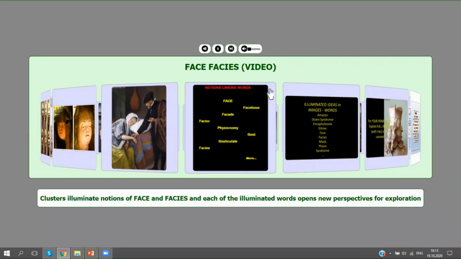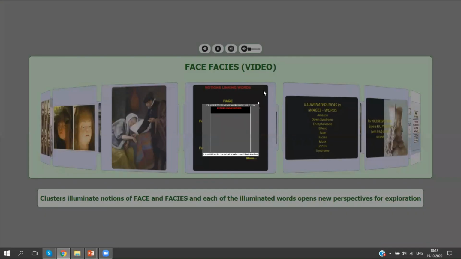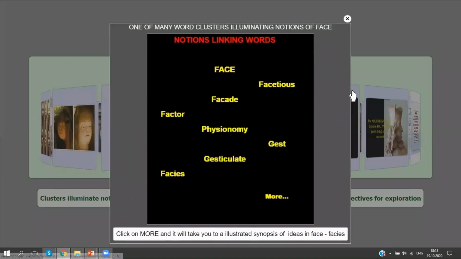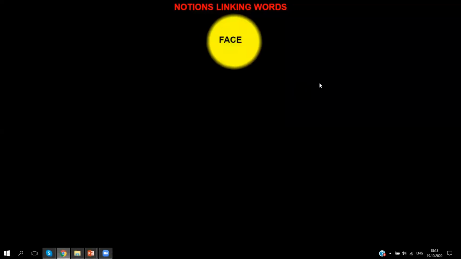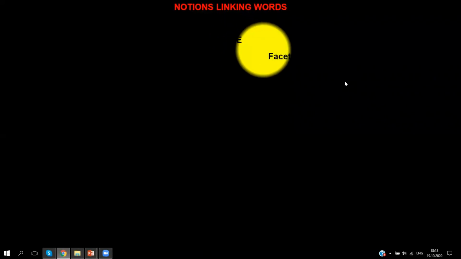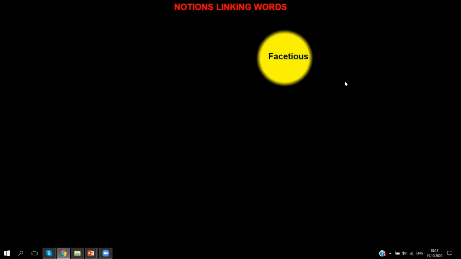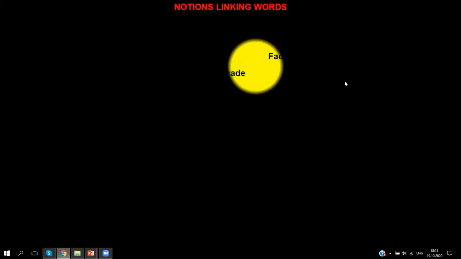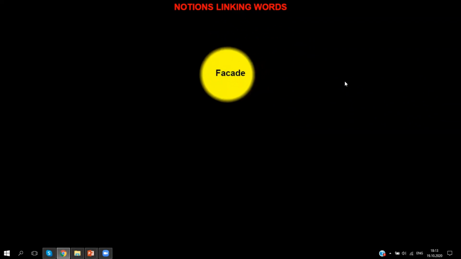So when we look at clusters of words, they tend to illuminate each other. The more you understand one, the more you will understand the next. And if we click on this, we're going to see a motion, and you could then learn about each of these words, like facetious. What does it mean? It will make you understand face better.